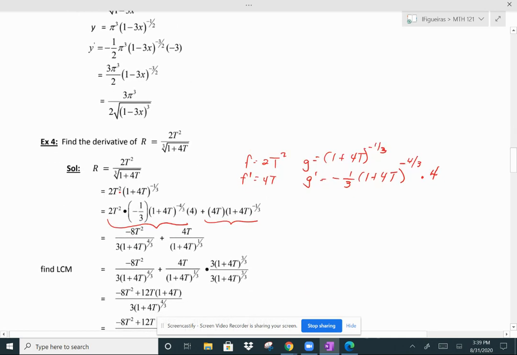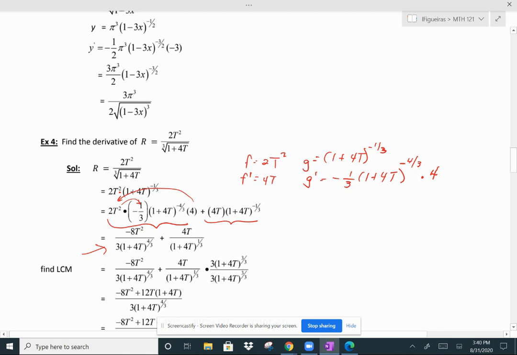And then when you multiply the 4 and the 2t squared, as well as the negative 1/3 here, you have negative 8t squared over 3, and the (1 plus 4t) to the negative 4/3 gets written as (1 plus 4t) to the positive 4/3 in the denominator. And the second product gets written as 4t over (1 plus 4t) to the 1/3.